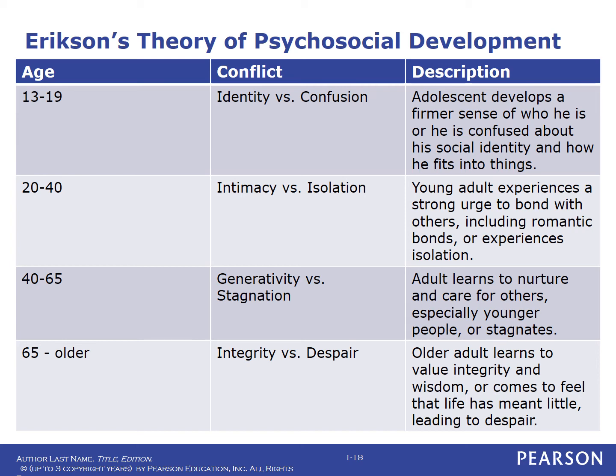Finally, older adults, ages 65 or so and older, enter the final stage, which is called integrity versus despair. This is when people are looking back over their lives and deciding how they did. Maybe they come to feel that their life has had meaning and they're happy with what happened. They feel a sense of integrity.